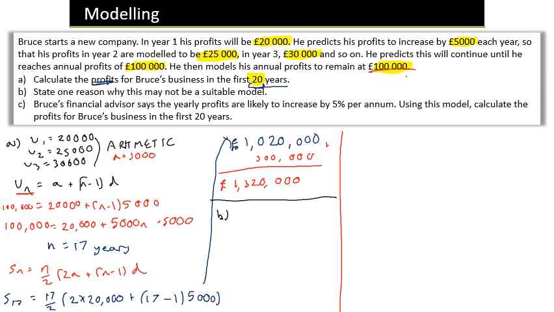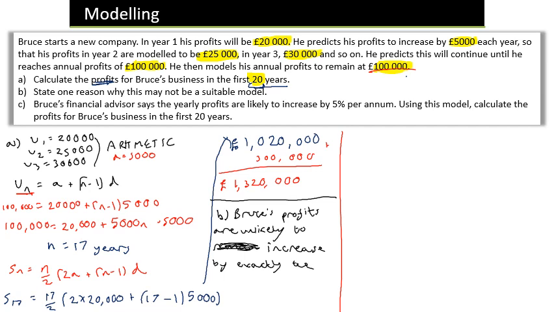Most reasonable answer, I think, to give is Bruce's profits are unlikely to increase by the same amount year after year. Okay, now finally, part C.